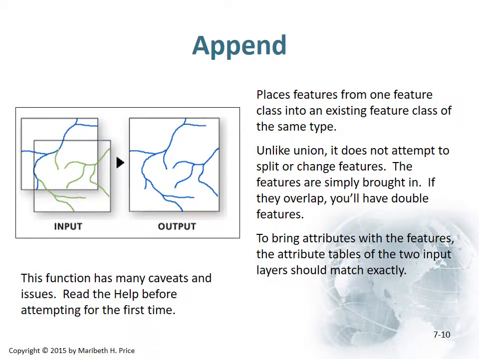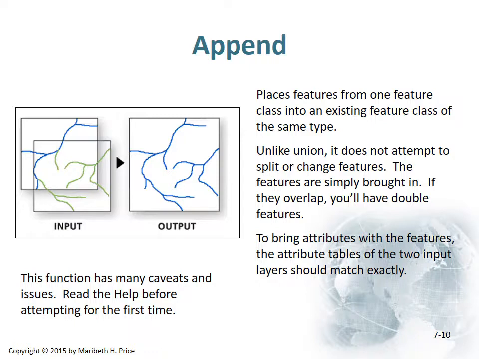Appending is something that you may or may not use very much. It's something you should really be aware of the details before you do it. So here I'm recommending you read the ArcGIS help entries on the append function before you do it. Visibly, what we see here is two input data sets and an output.